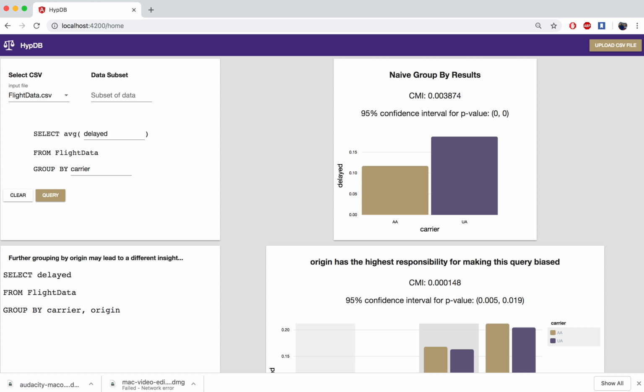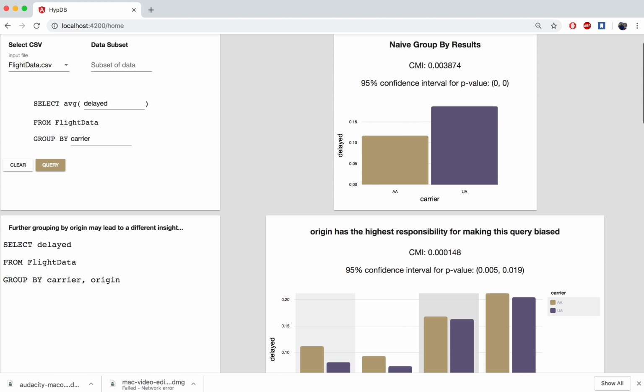However, HypDB takes advantage of the declarative nature of SQL and performs some deep analysis on the SQL query and automatically detects confounding factors that are detected today only by trained statisticians. These confounding factors make the query biased for decision making.